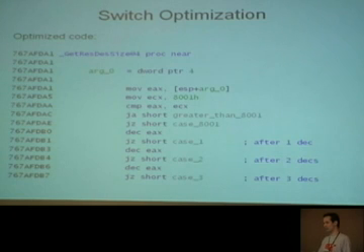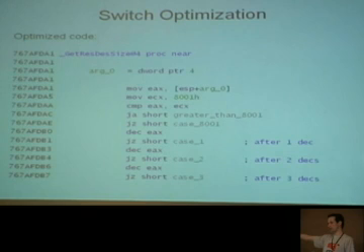We decrement EAX. So here we would decrement it once, and then we have a conditional jump to case 1. The conditional jump is on 0. So if EAX is 0 after 1 decrement, this means that it started as 1, which means that this is case 1. Then we would do another decrement, and we have another jump at 0.